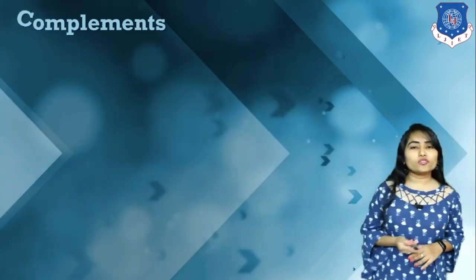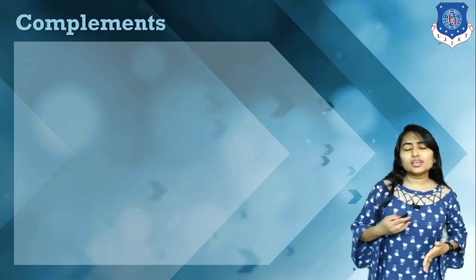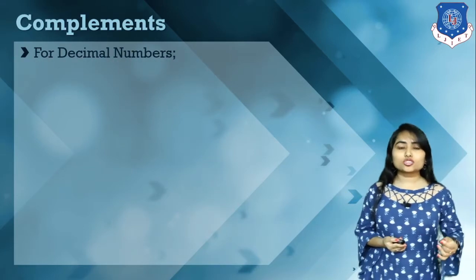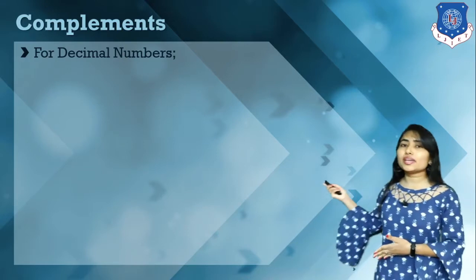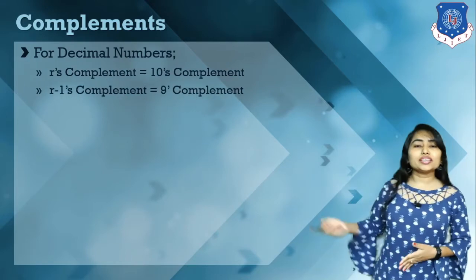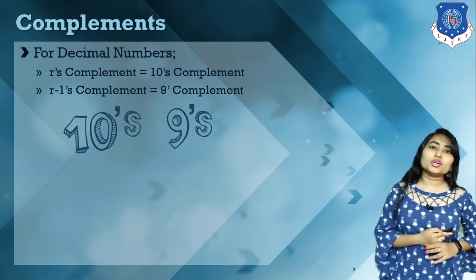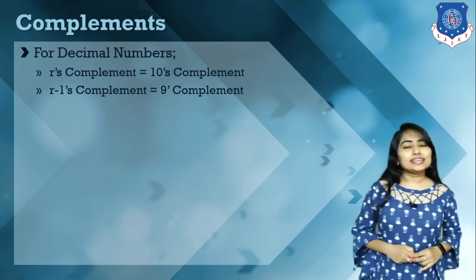Here we basically have decimal numbers and binary numbers. For decimal numbers we have the R's complement, that means the 10's complement, and the (R minus 1)'s complement, that means the 9's complement.